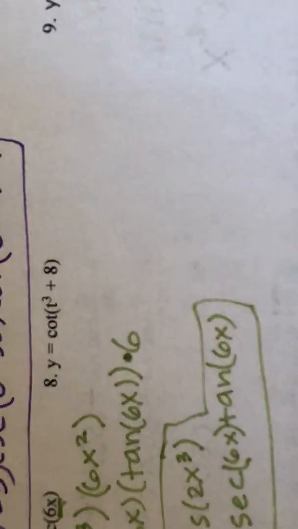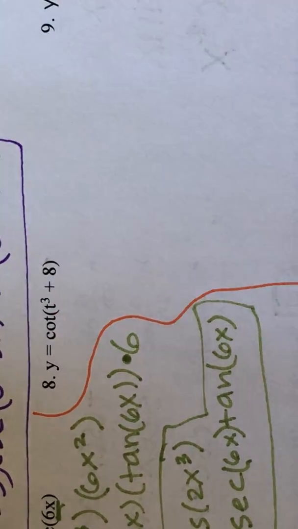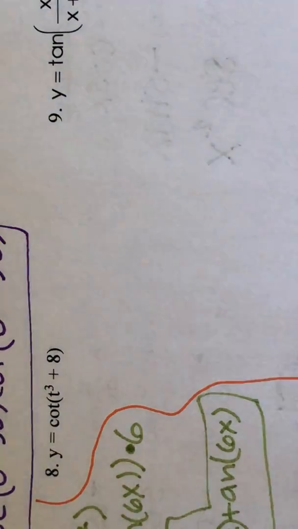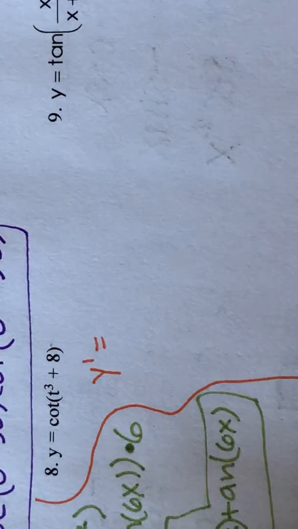All right, 8 is just whatever the derivative of cotangent is times the chain rule, the derivative of the inside. So hopefully you're starting to see that you can break it down and not make it quite so difficult.